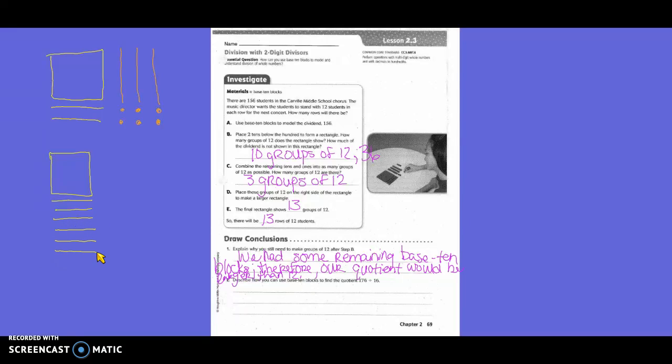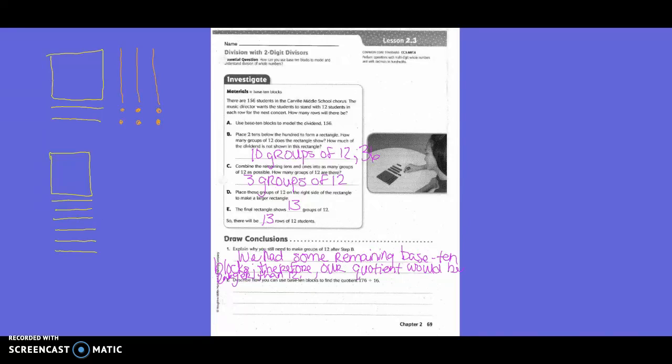So I'm dividing by 16, so I have 10 in my flat, right? And then I need 6 more longs underneath it. So what do I have left over once I have those things taken apart? 1 long and 6 bits, or 6 cubes, right? Okay.